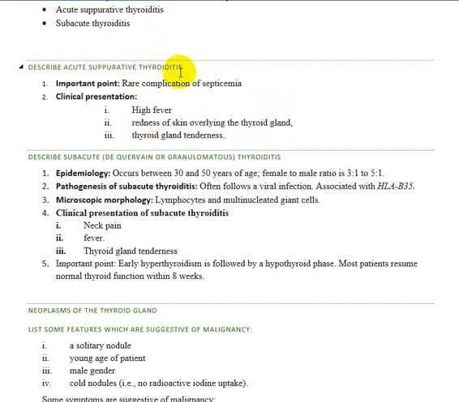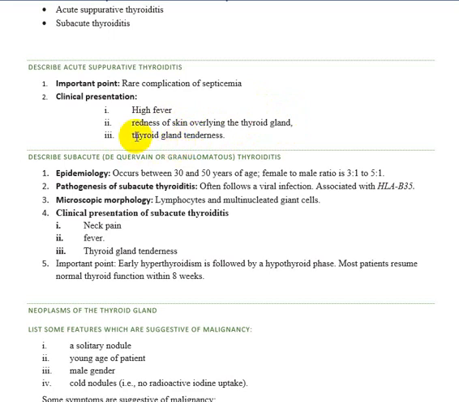So acute suppurative thyroiditis is mostly regional. So we have high fever, signs of hyperthyroidism, redness of the skin overlying the thyroid gland, and thyroid gland tenderness. So you can say signs of hyperthyroidism plus redness of skin overlying the thyroid gland and thyroid gland tenderness.